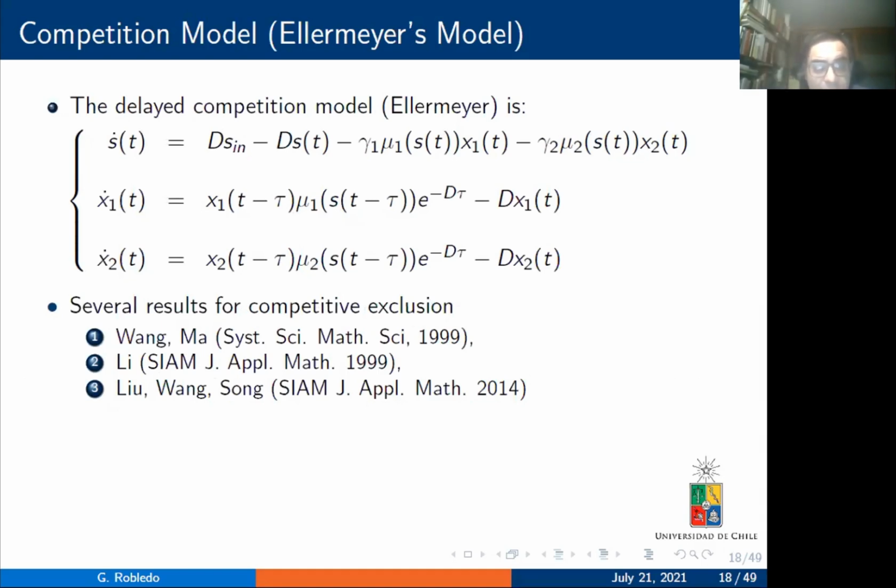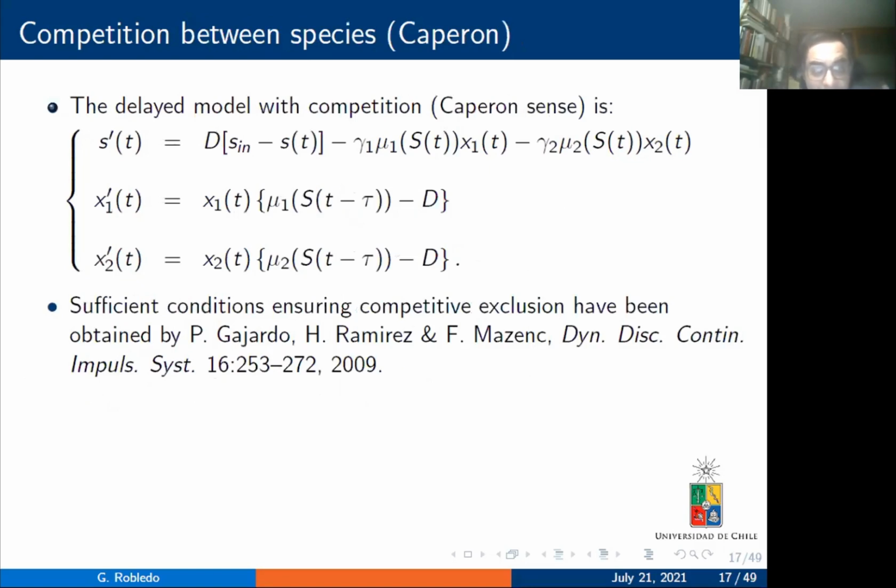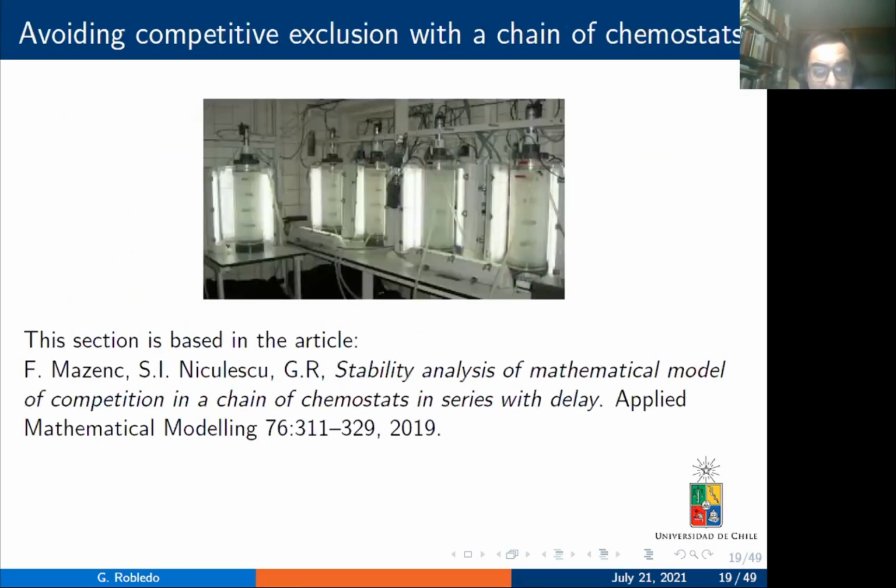Our idea will be to ask what we can do to promote the coexistence between two species if the competitive exclusion is verified. And I want to show the first result, which has been made in collaboration with Frédéric Mazenc and Silviu-Iulian Niculescu in this work.